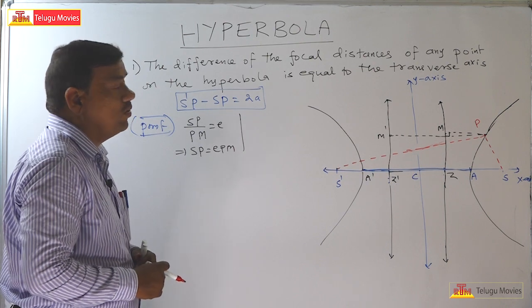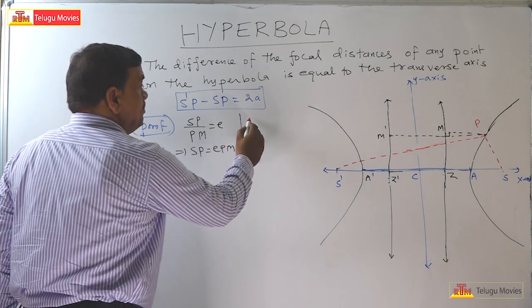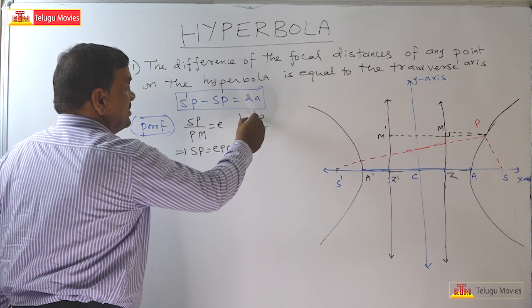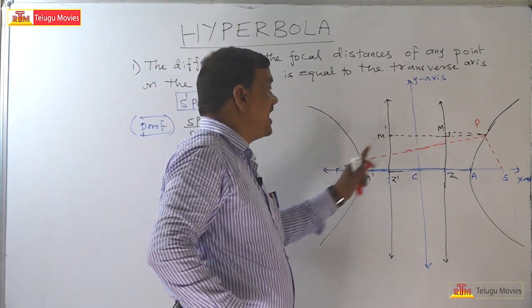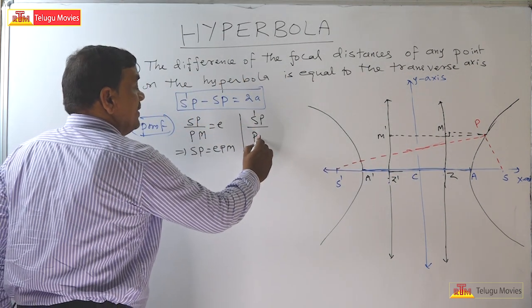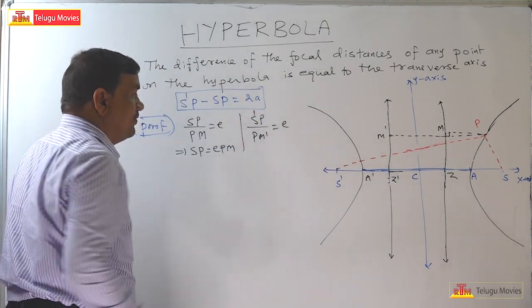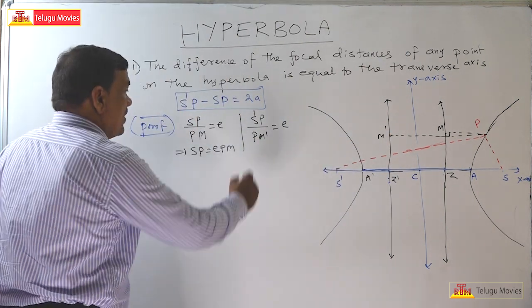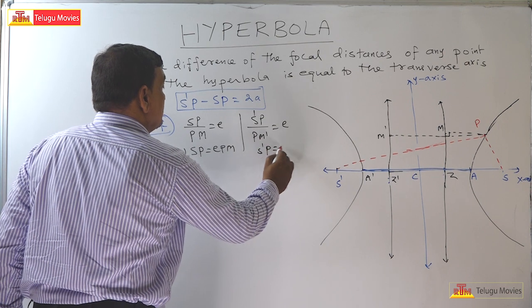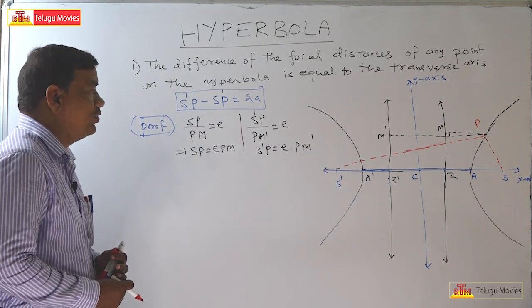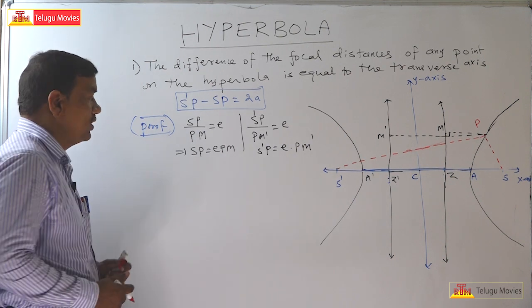Similarly, we have SP by S'P. Here, for S'P, I am multiplying S'P by PM', which is also e. Here I am taking the second directrix. Now, S'P is equal to e times PM'.